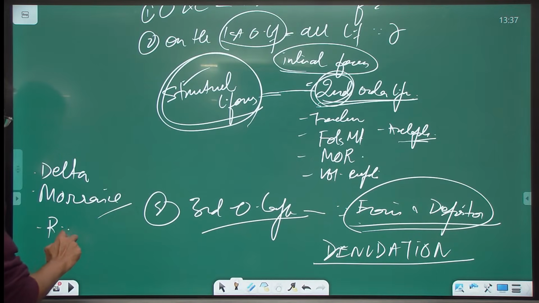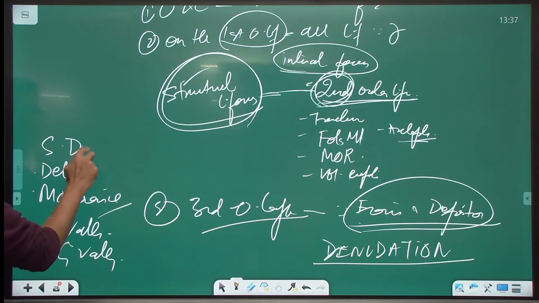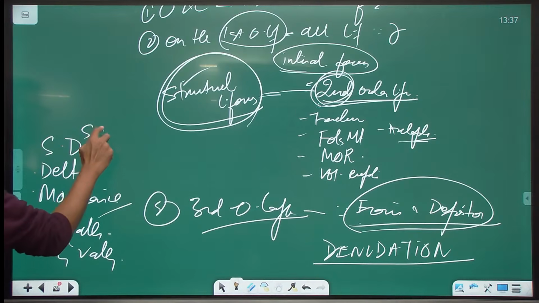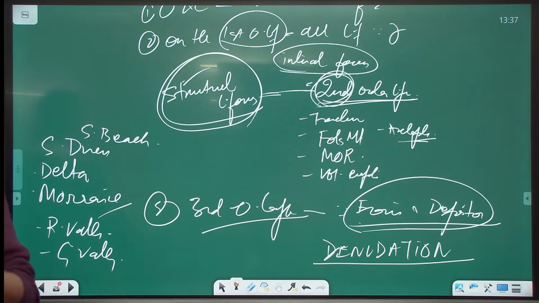A river valley, the glacial valleys, the sand dunes, ये भी depositional हैं. The sea beach is depositional. Like the waves deposit sand. We call these as, okay, the third order landforms. Is it okay all of you here? यहाँ तक ठीक है?